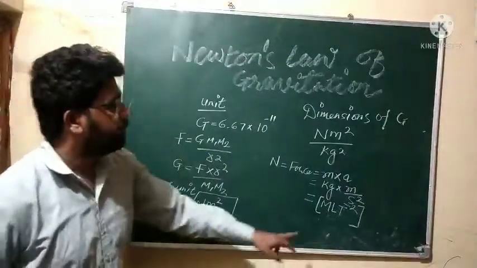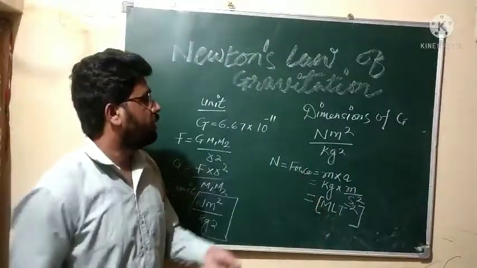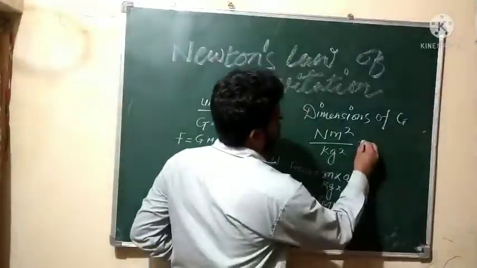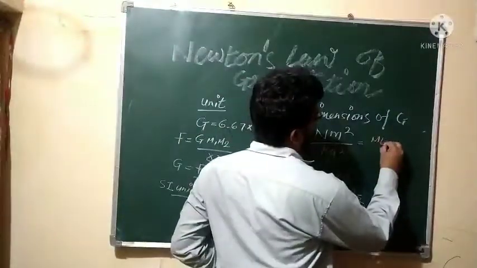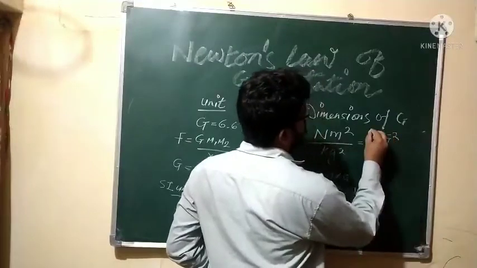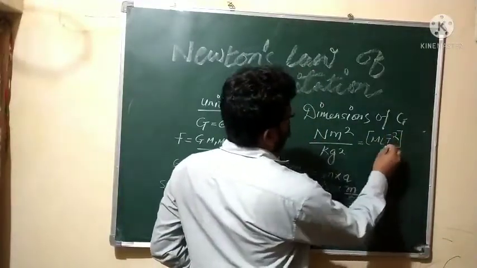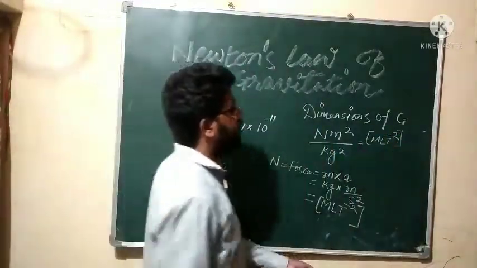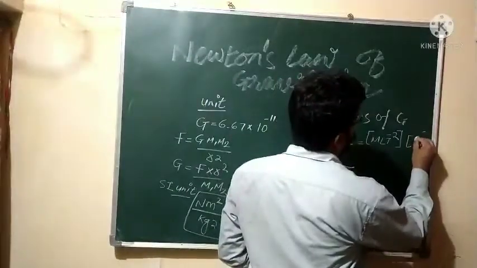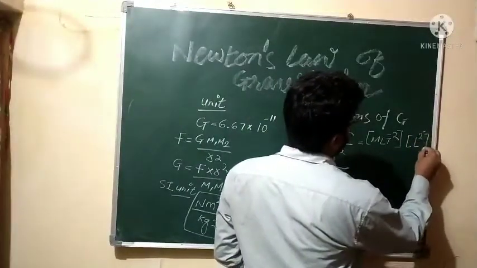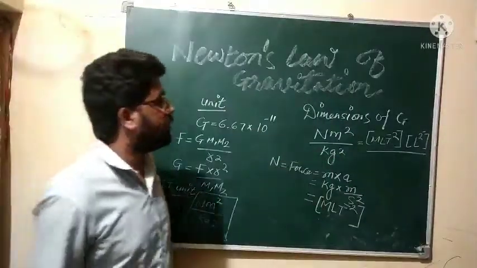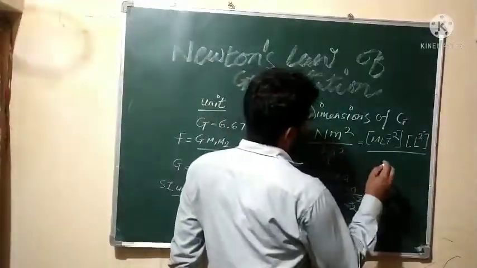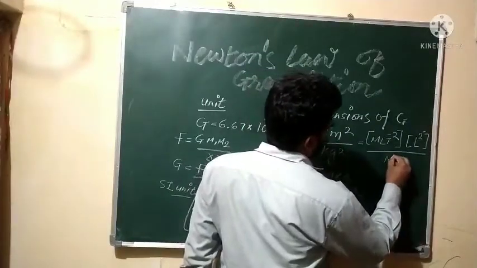So this is our dimensions of force. We will put here, in the unit of our G, M L T minus 2. Here meter square, so in place of meter square, meter is length, so we will write L square. In the divisor there is kg square, so kg which is for mass, we write as mass square.